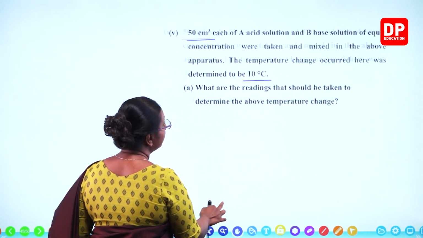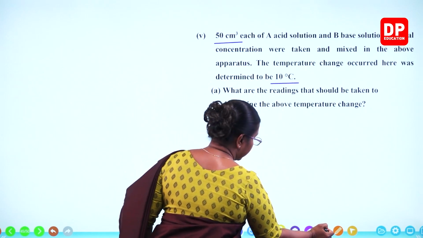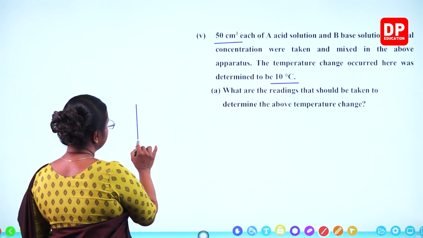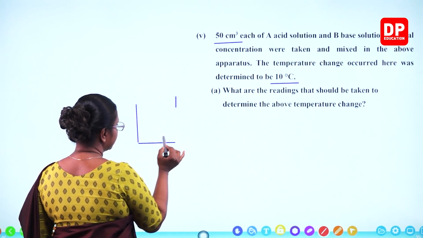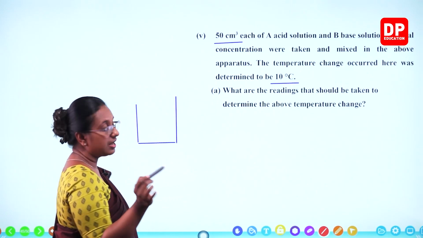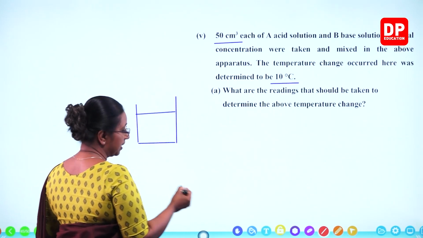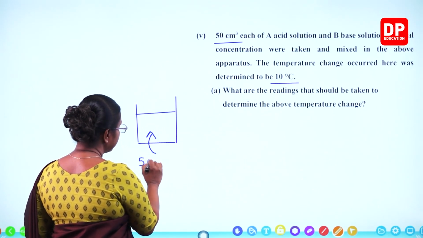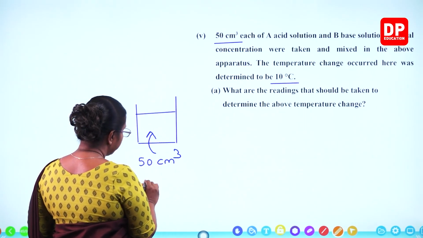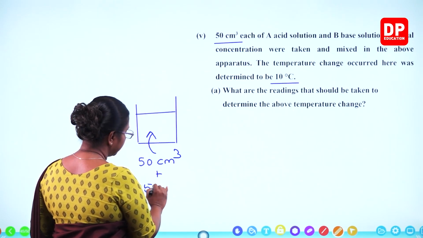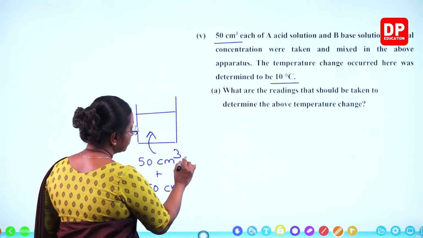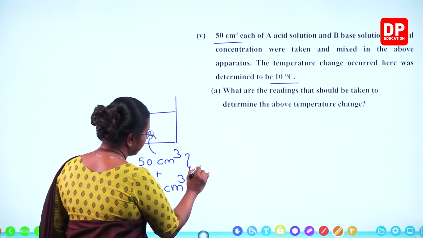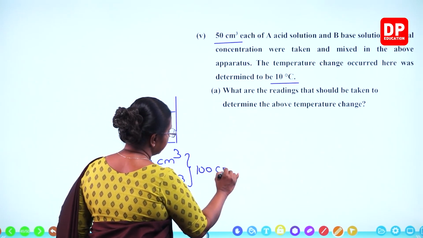Now if you look at it, now if I just draw the container only here, just to get an idea, I am not drawing the full setup. Here we have 50 centimeter cube of acid plus 50 centimeter cube of base. So in total, there is 100 centimeter cube.